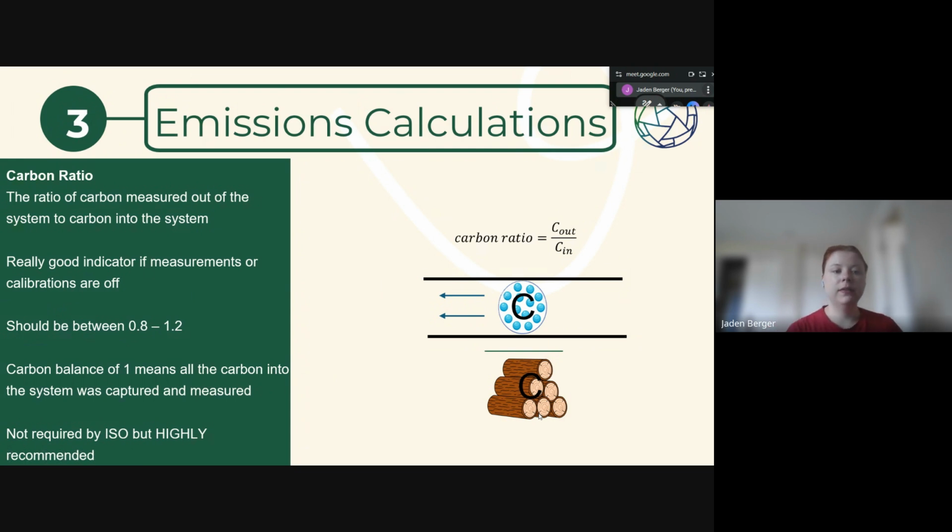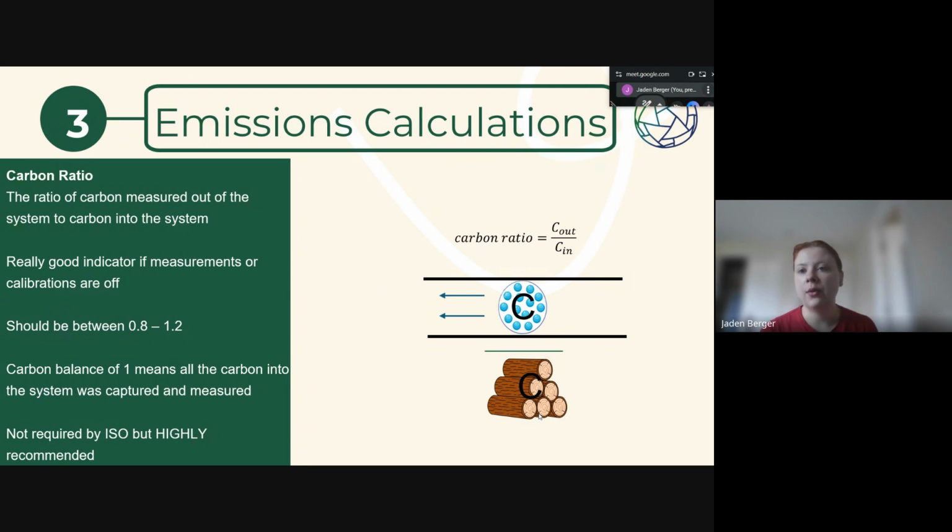So in a perfect world, carbon ratio would be 1. So all of the carbon that we measured going into our system, we also saw coming out of our system. We don't live in a perfect world, so our carbon ratio is not always going to be exactly 1. There's uncertainties in measurement. Some things can throw it off, so I'd say an acceptable range should be between 0.8 to 1.2.